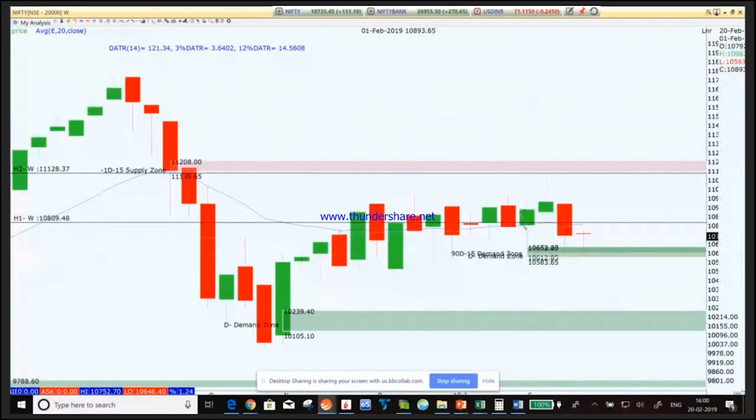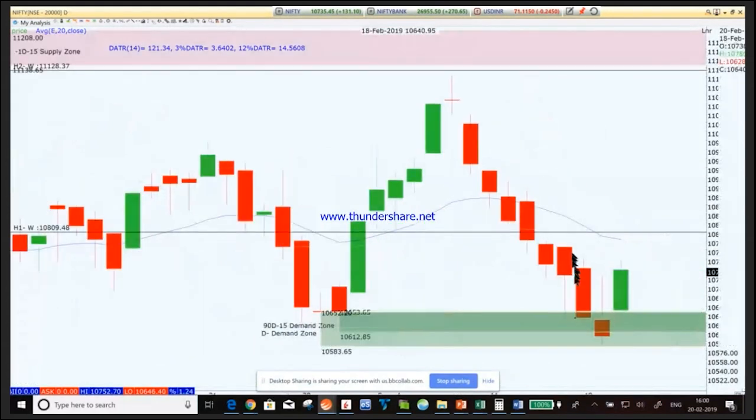Weekly came to this lowest point, that is the pivot. No problem, Arun. To the pivot it came. From there it is again rising, and on the daily it's like a drop base rally. Now if we have a follow through tomorrow, we could easily move up a little bit. At least 10,900 could be the next target for Nifty.